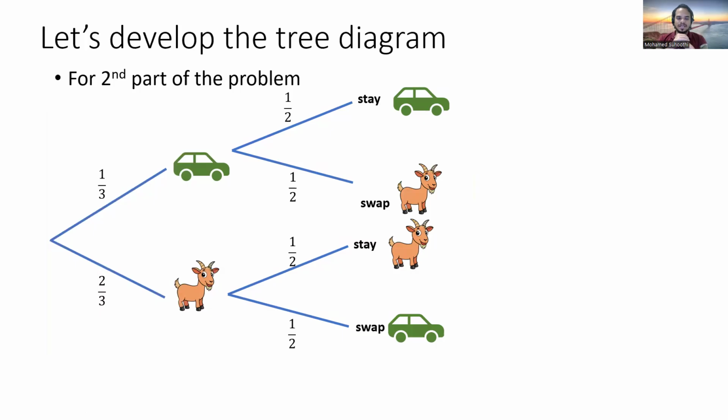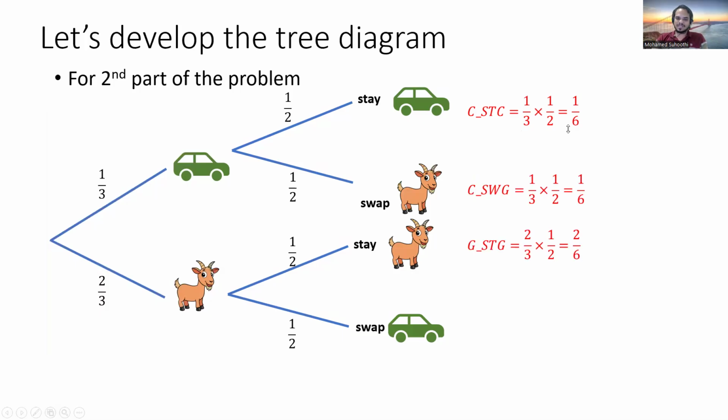Now we are going to calculate the probability for these cases and see which option gives more chance, staying with the previous door or swapping the door. I just calculated the probability. How do you calculate it? Just multiplying these two, so 1 by 6.